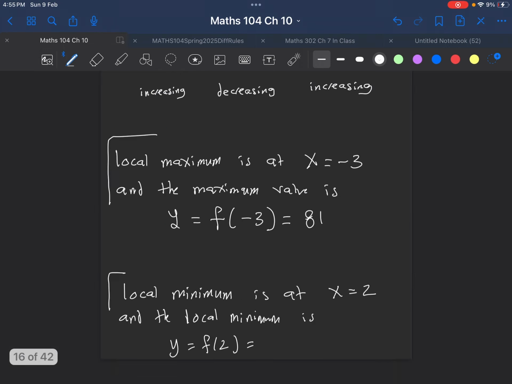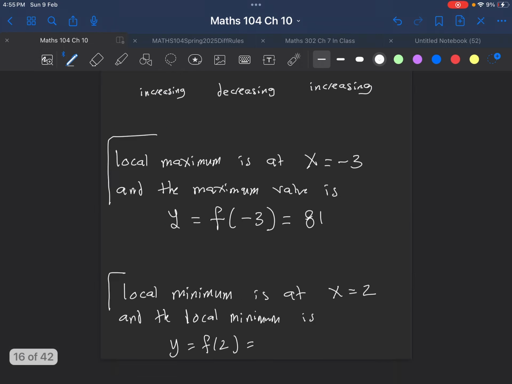So let's see another example where we will do exactly the same thing that we just did. We have to break this question into 3 steps. Step 1, we need to find the critical numbers. And in order to find the critical numbers, we need to find the derivative, which is minus 4x power 3 plus 12x squared.